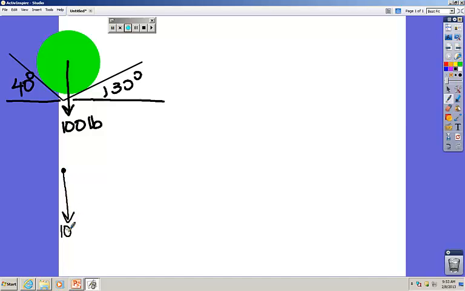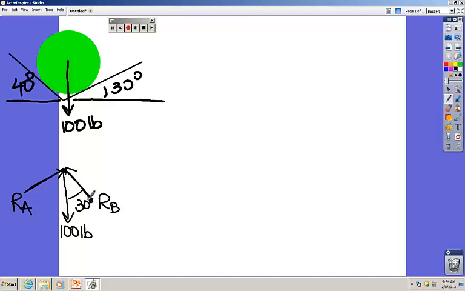Okay, so here's the free body diagram. We have the weight acting down. We have a reaction force on that side we're going to call RA, and we have a reaction force on the other side we're going to call RB.